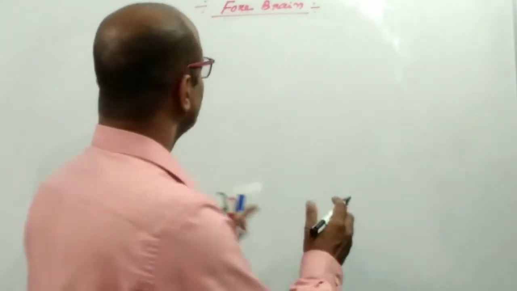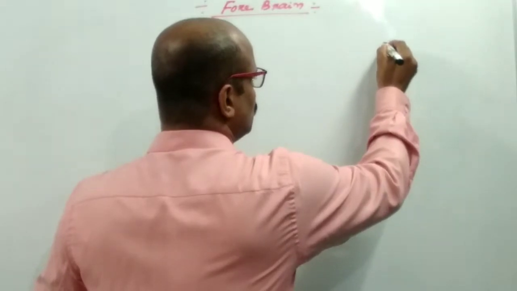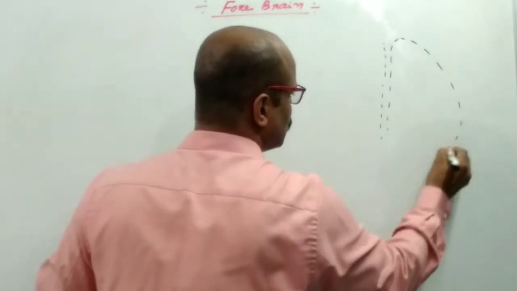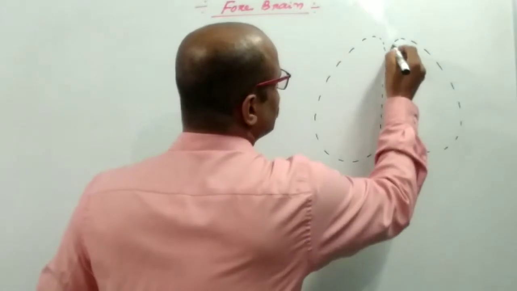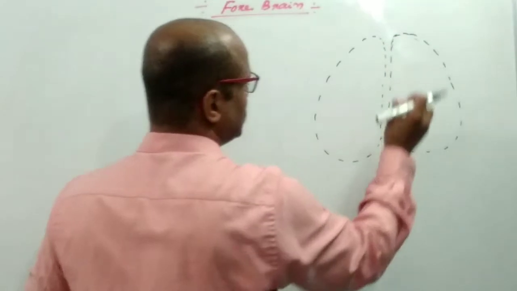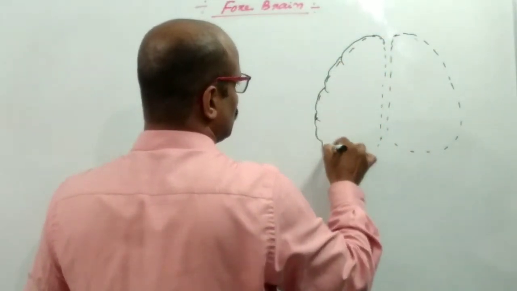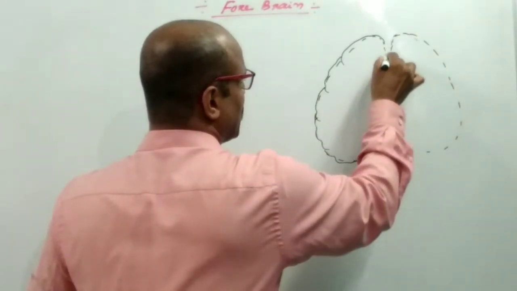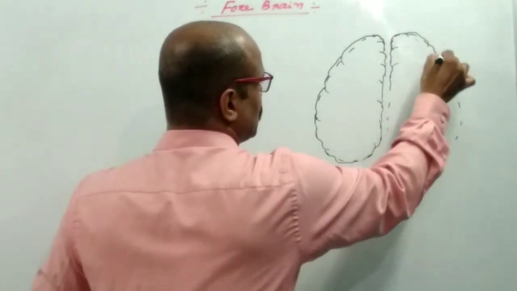The cerebrum is divided into two cerebral hemispheres by the longitudinal fissure. So the longitudinal fissure divides the cerebrum into two hemispheres, known as the cerebral hemispheres.